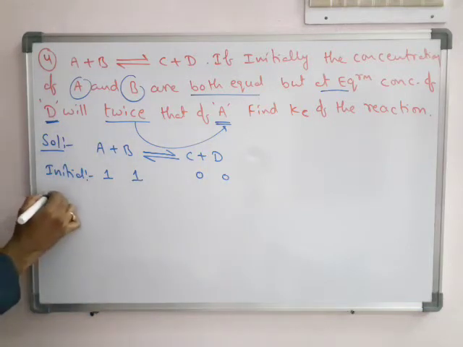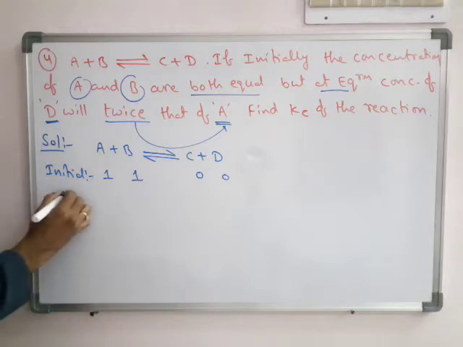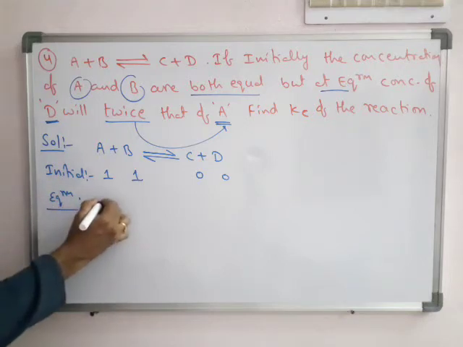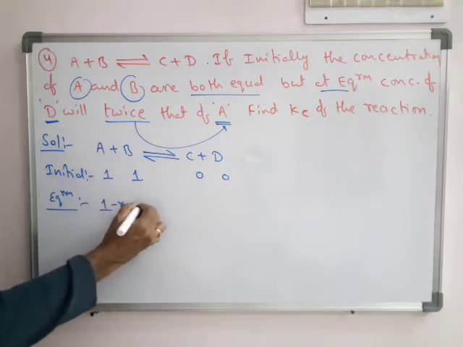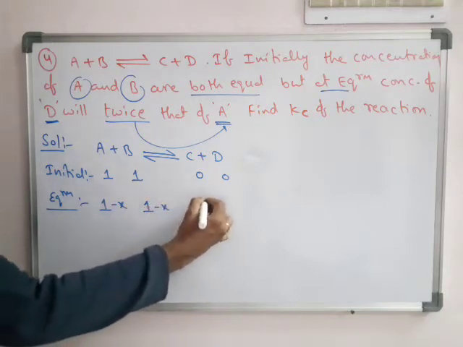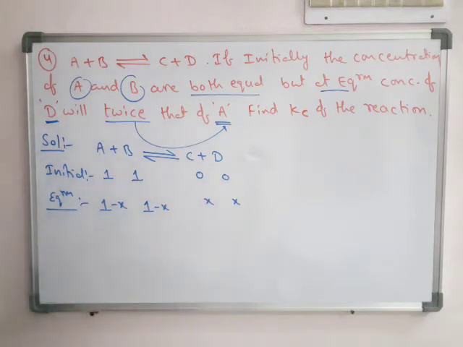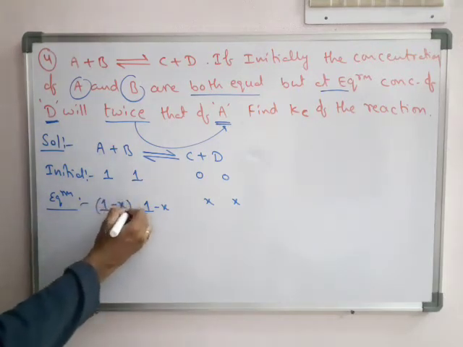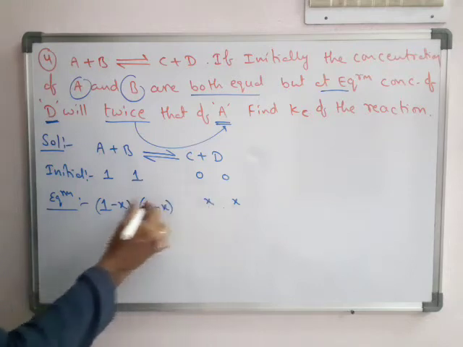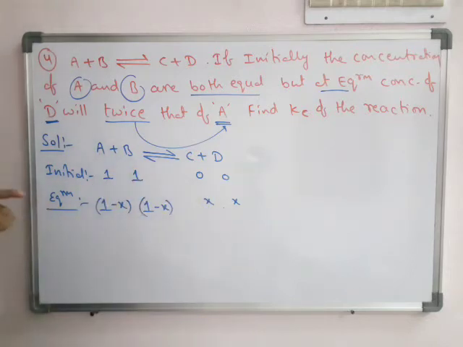Next, what is at equilibrium? In the normal way we can write 1 minus x, 1 minus x, x and x. Generally we write like this at the equilibrium position.